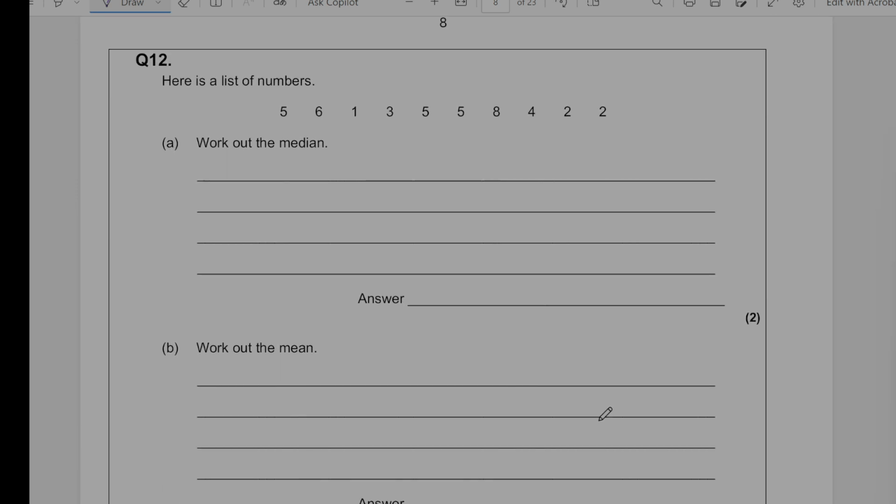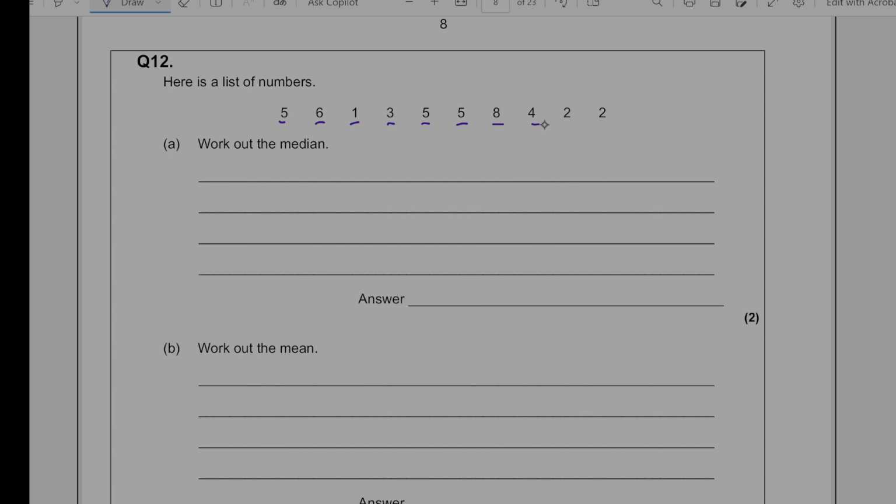Right, question 12. Here's a list of numbers, work out the median. So the median is the awkward one in terms of I need to arrange them in size order. I'm going to take a mini shortcut. I'm going to count the numbers I've got: 1, 2, 3, 4, 5, 6, 7, 8, 9, 10. So if I've got 10 values, then I'm actually after the 5th and the 6th value.